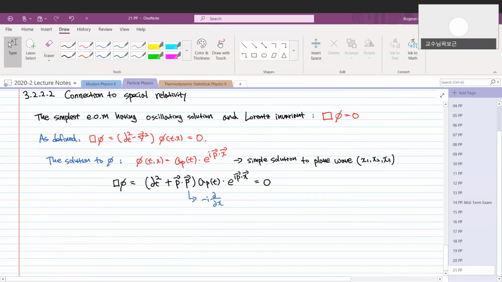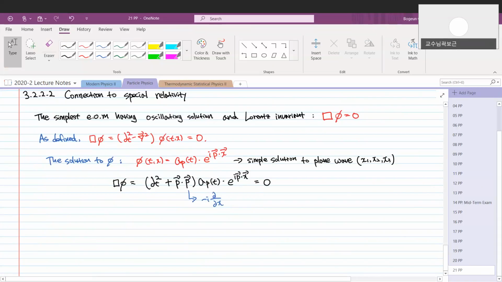So the scalar field depends on some amplitude or operator a_p, with momentum p, and it is a plane wave solution in the spatial coordinates, and it also has time dependence through the operators. It is just an example of a solution.